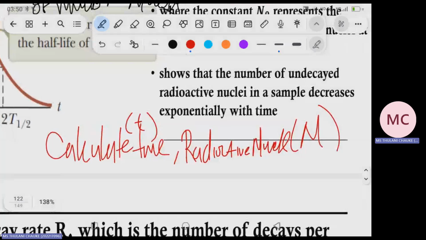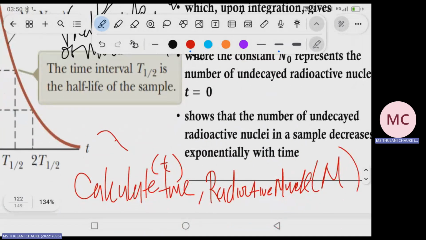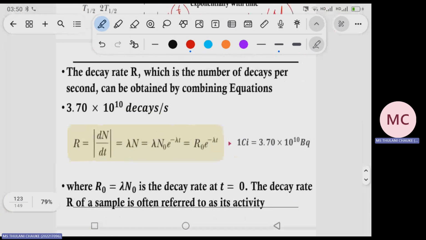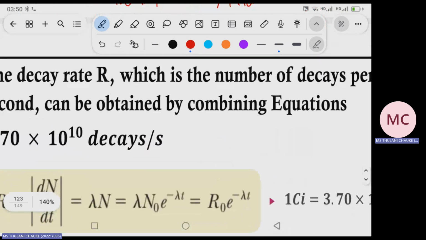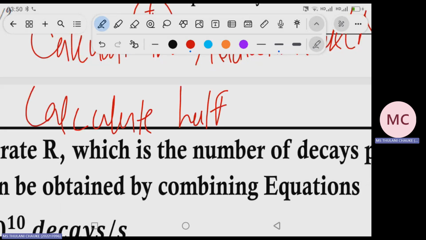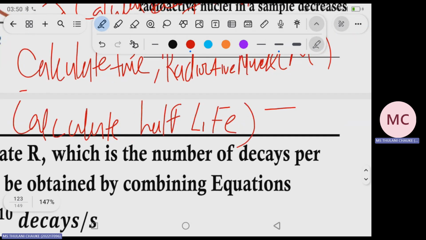And if they say calculate the decay constant, they will be referring to lambda. It will depend on the data that you are given. I can also say calculate half-life. For this one you'll have to know the formula.